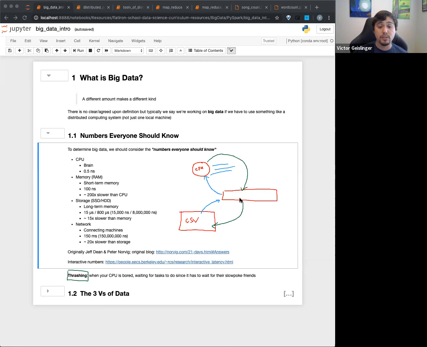You have too much data for it to chomp through. This is called thrashing, and it's a big deal because it means a bunch of wasted time for the CPU waiting for information to crunch. If we could feed the CPU more efficiently, we wouldn't have that issue. And this is where we start looking at other systems besides just a single local computer.